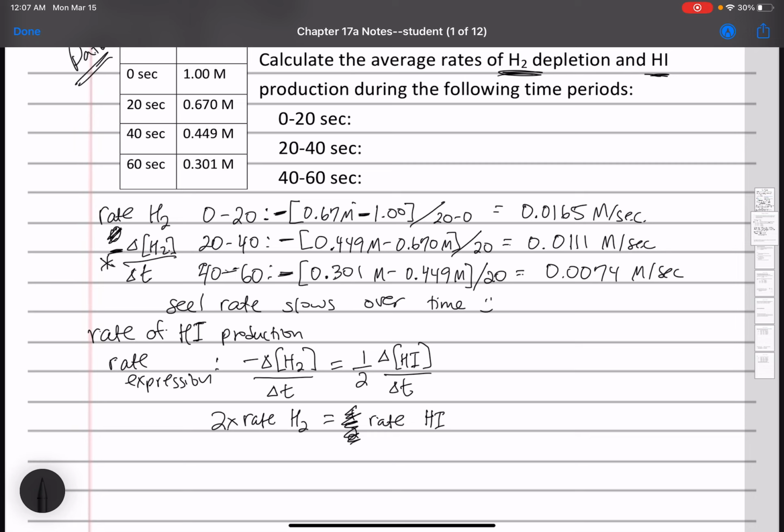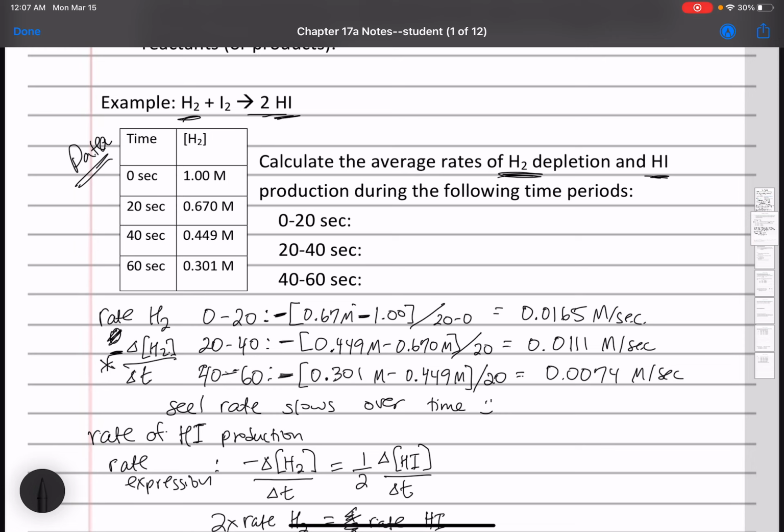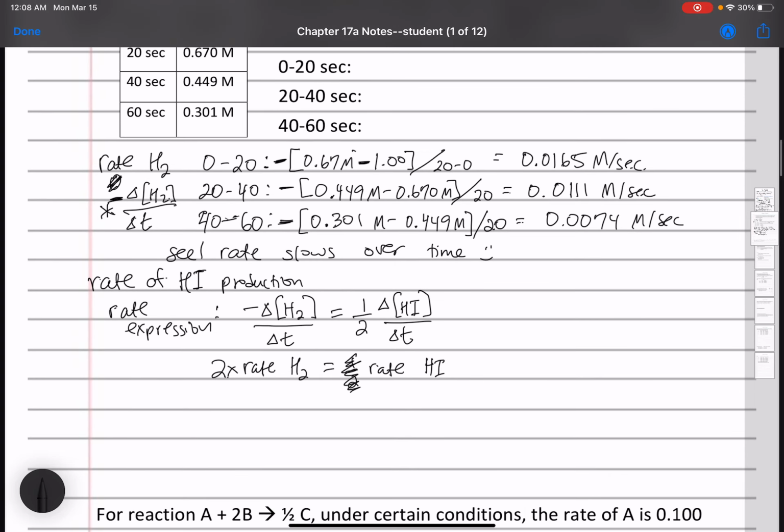Okay, all of this is the same thing we could see just by looking at this equation. All right, if we use 1 mole of H2, we were going to make 2 moles of HI. So to find the rate of HI, we're essentially multiplying the rate of H2 by that coefficient of 2.